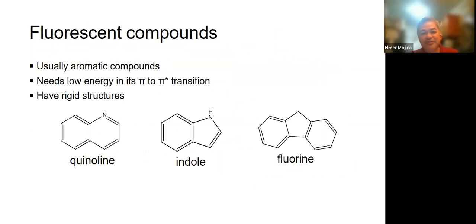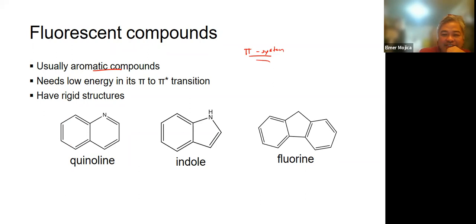Now, some of these fluorescent compounds that we usually use are the so-called aromatic compounds. And if you have aromatic compounds, you have what we call the pi system, right? Why do you have a pi system? Dahil dun sa ring. Okay.